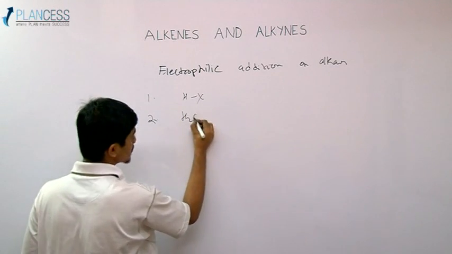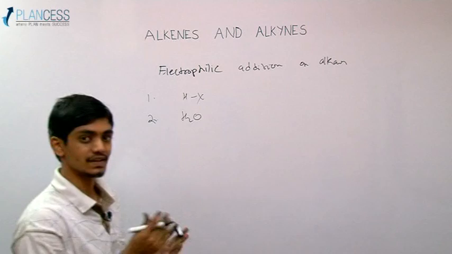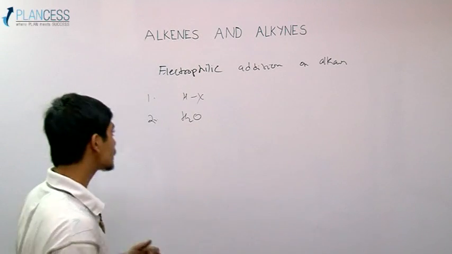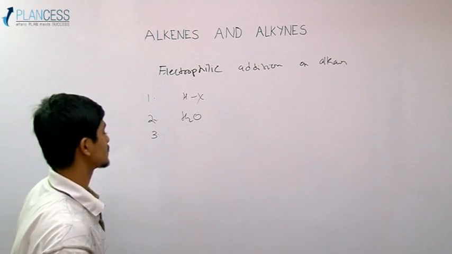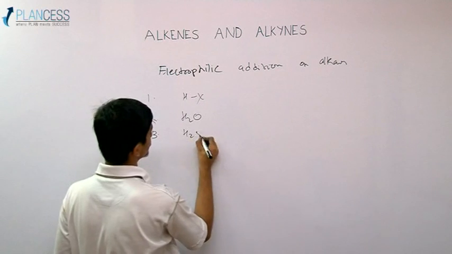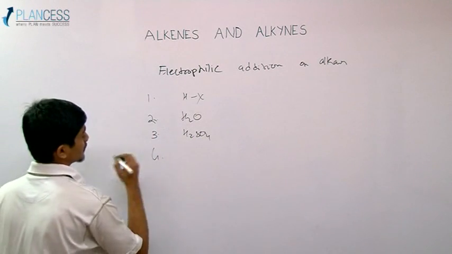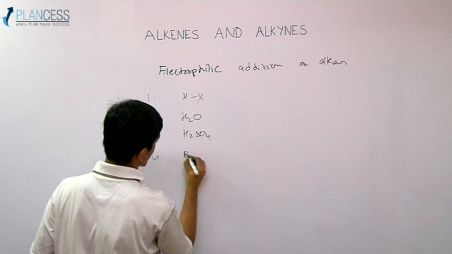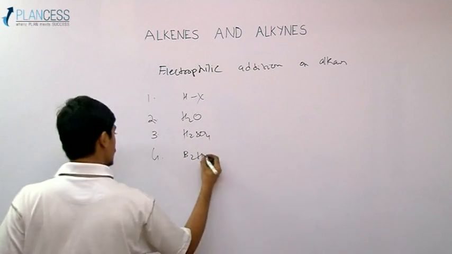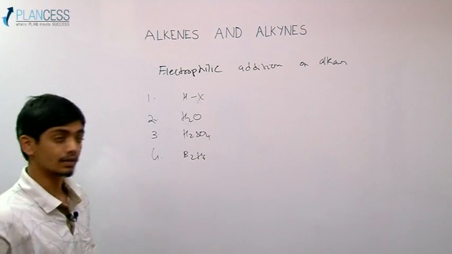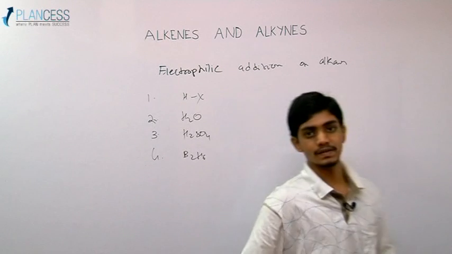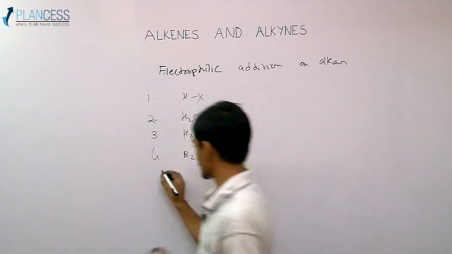Another type is addition of H2O, again the opposite of the acidic dehydration of alcohols. Then the third is H2SO4, which gives you alkyl hydrogen sulfates. Then we have B2H6, which is called diborane, and this also reacts with alkenes in different manners.